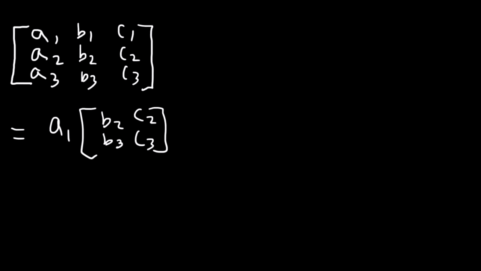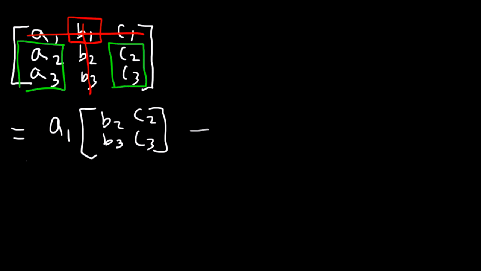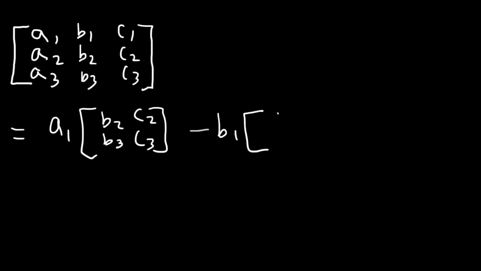Now let's move on to the next one. So it's going to be minus. So instead of using A1, we're going to use B1. B1 is in the first row and the second column. So what's left over is A2, A3, and C2, C3. That's going to be in the next 2 by 2 matrix. So it's going to be negative B1, and then A2, A3, C2, C3.